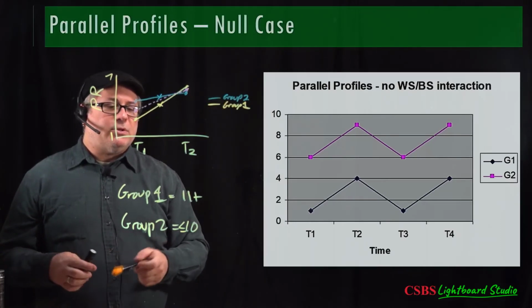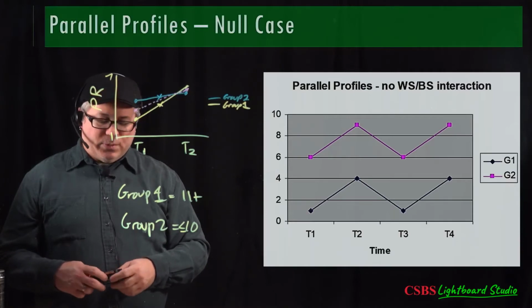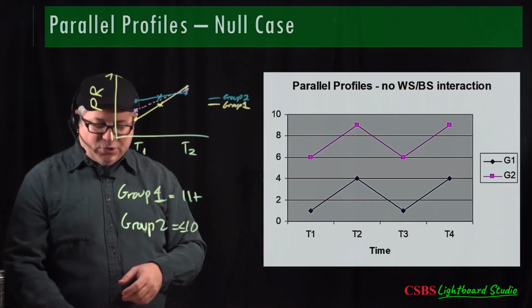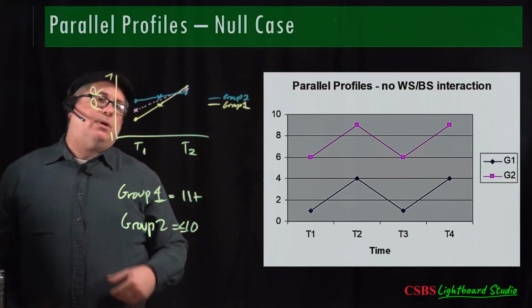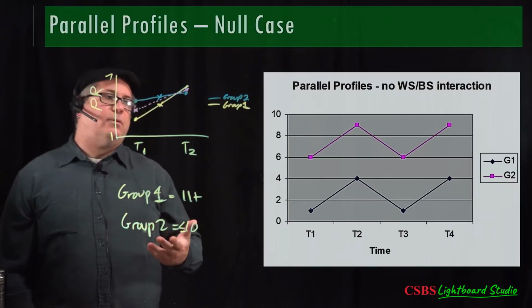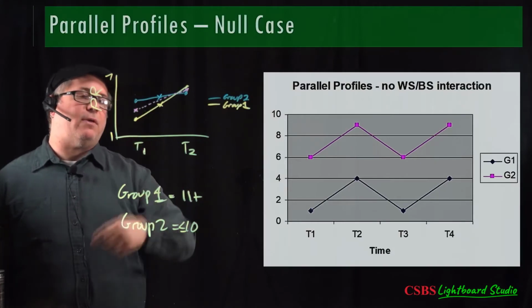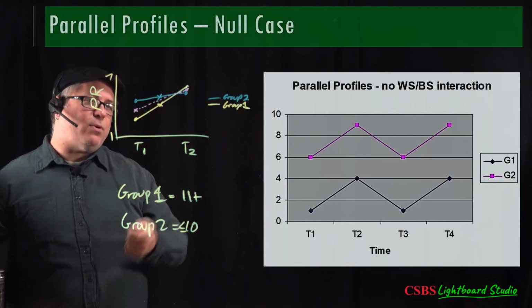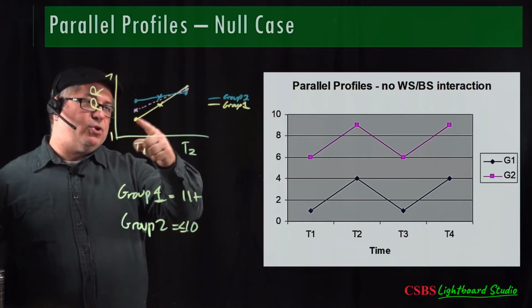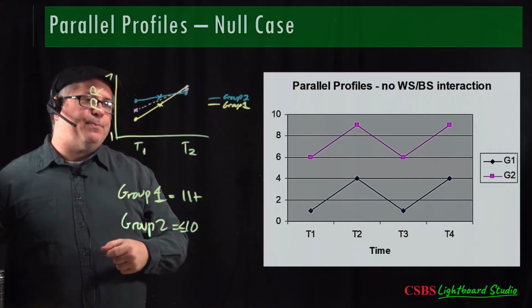And then the question is, did the change across time differ for the two groups? Put that into English: group 1 started off worse, but they changed more. They actually got more out of Parents Anonymous. They changed more from time 1 to time 2.